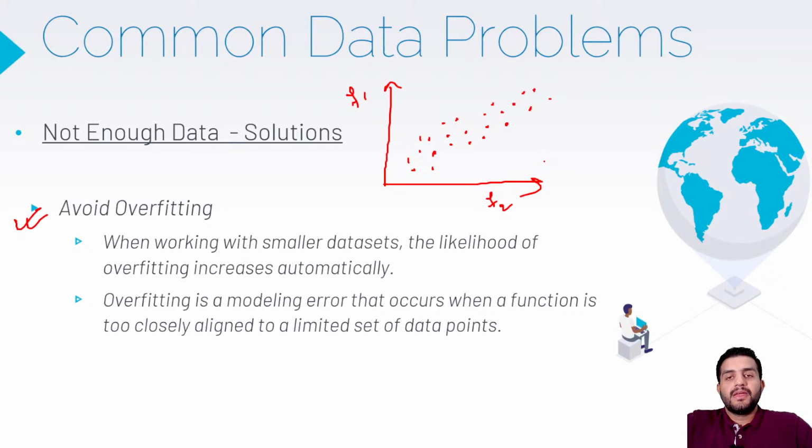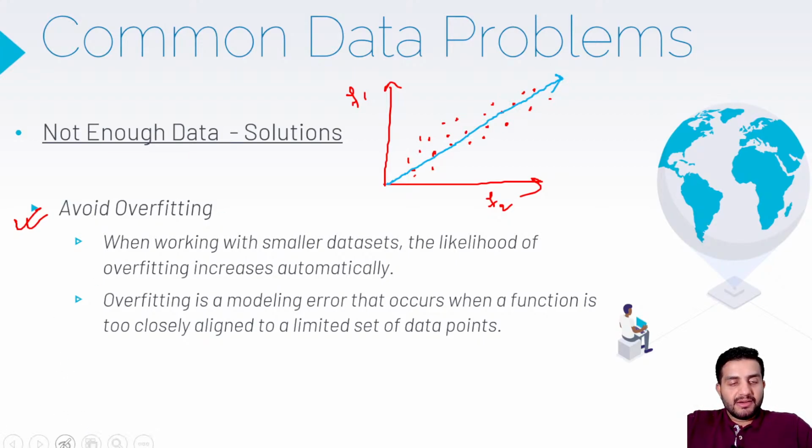If I'm trying to capture the trend between my F1 and F2, basically drawing a linear relationship line, that line will somehow look something like this. I'm just putting a new color to this. So it might look something like this. Correct?